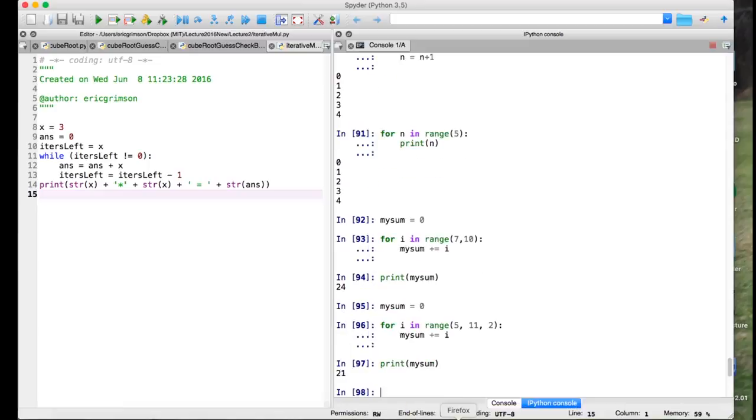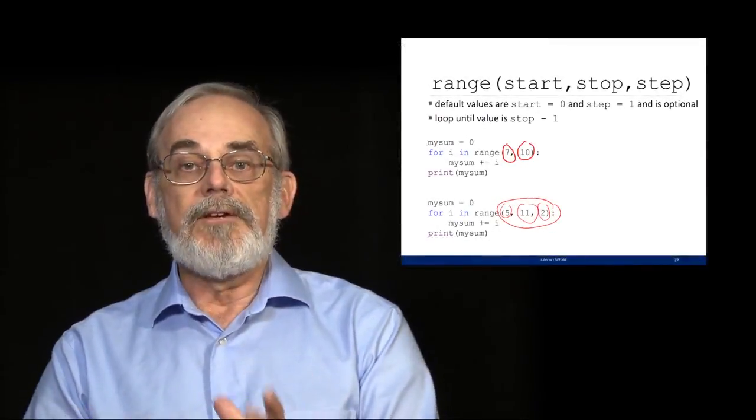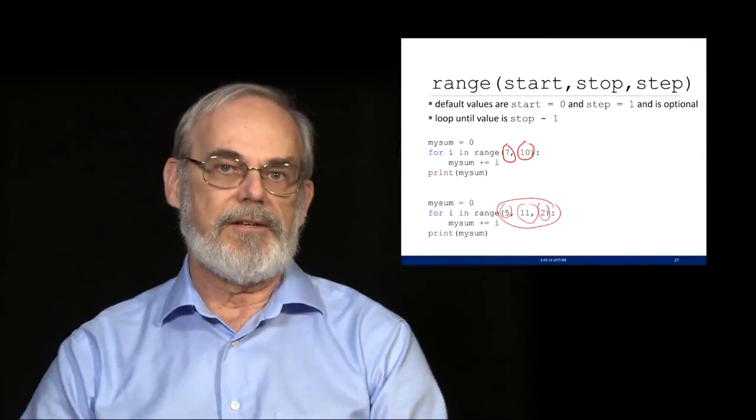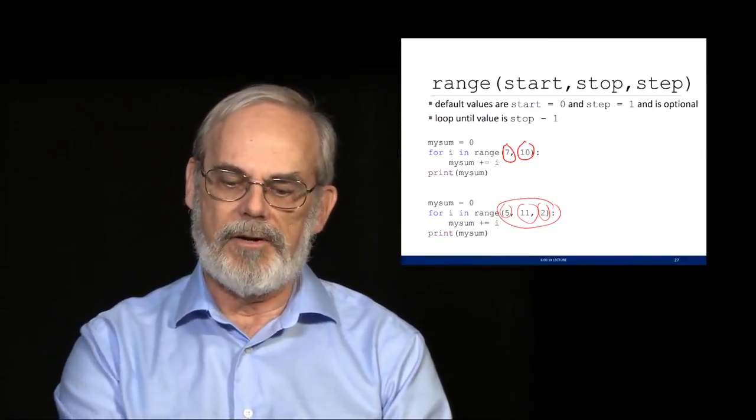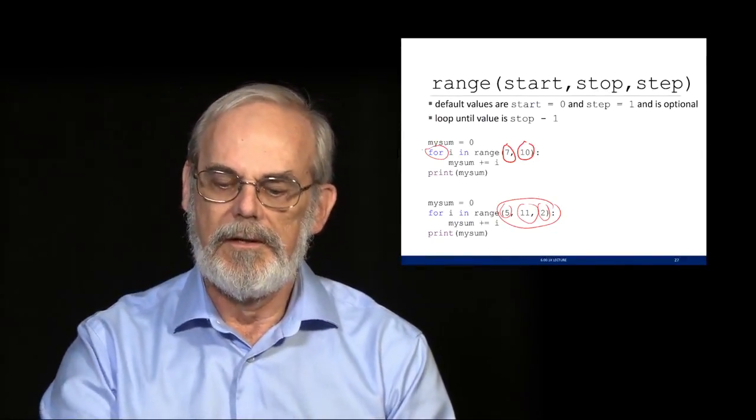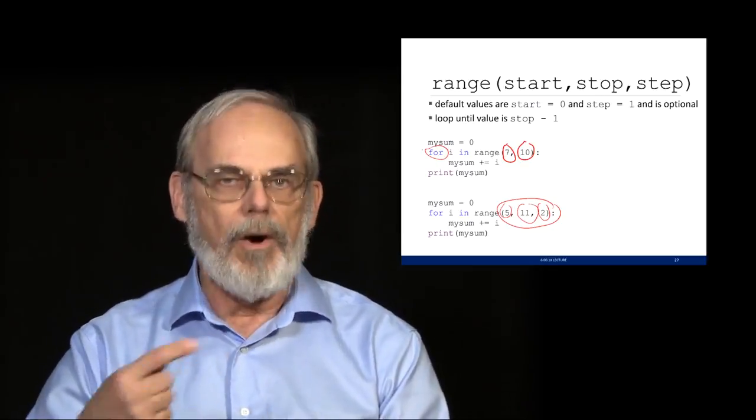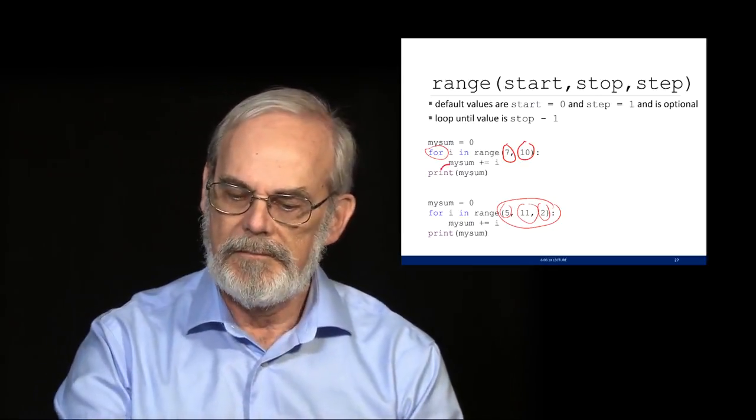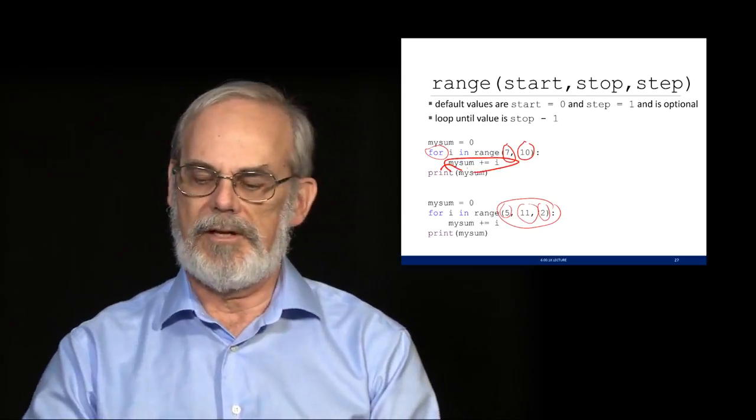I get 21 in this case: 5 plus 7 plus 9. Sounds right. So I can use range to give me a set of values. But the nice part about all of this is the for loop will always just run through all of those values, executing the body of the loop each time through.